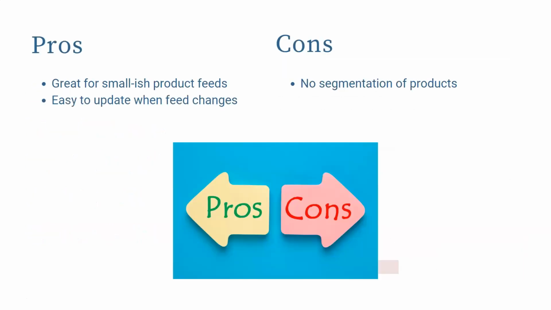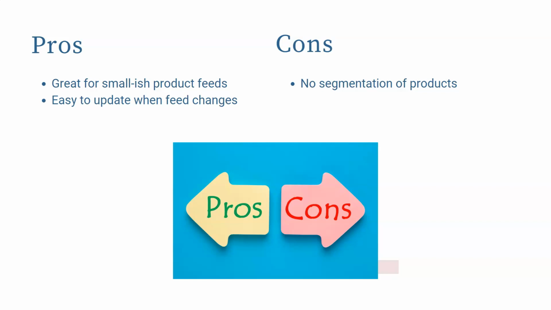Again, there are pros and cons of this one. I like this particular method of structuring a shopping campaign, but only for relatively small product feeds. If you've got 500 products, I wouldn't normally do it this way. If you've got 10, 20, 50, maybe up to 100 at a push, it's fabulous.